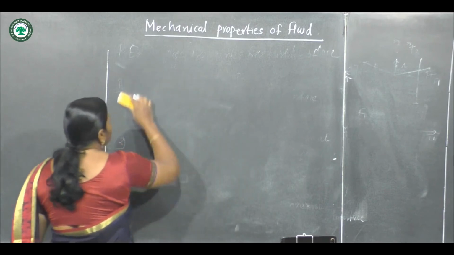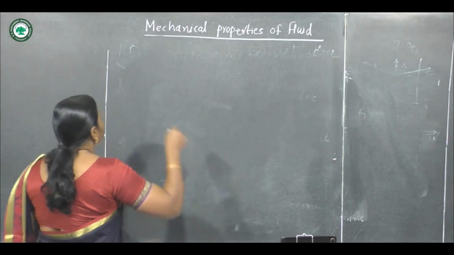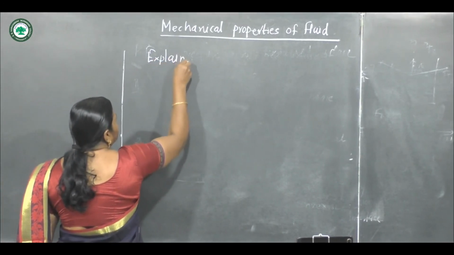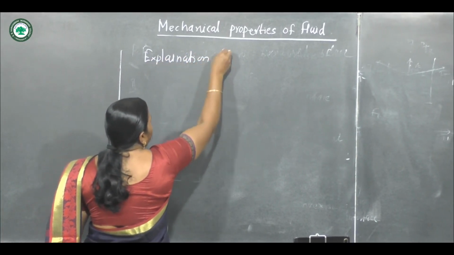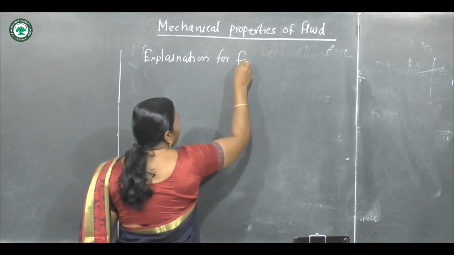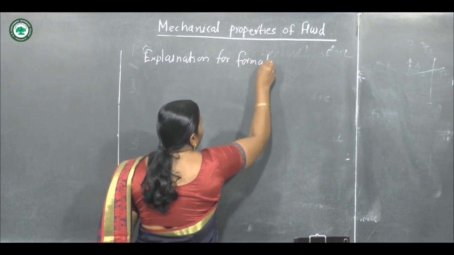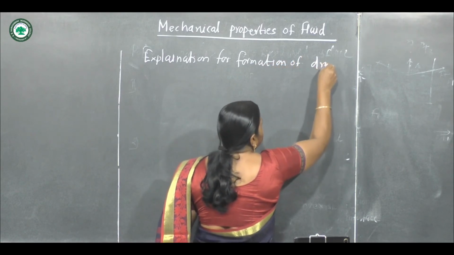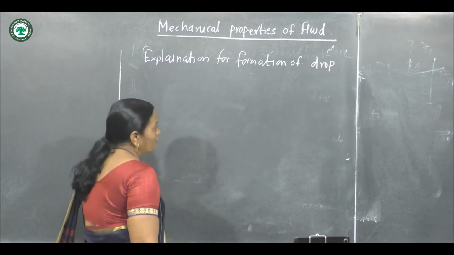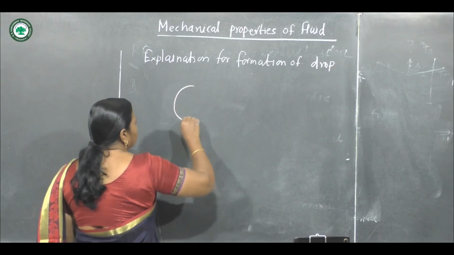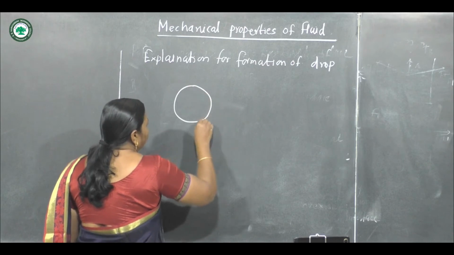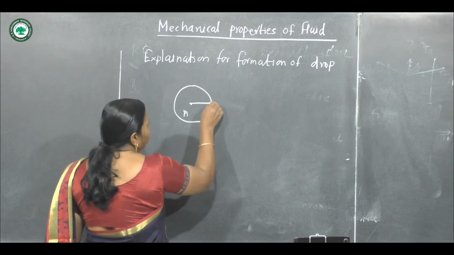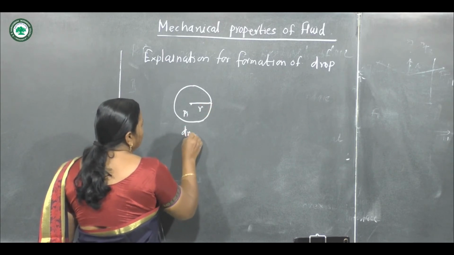Suppose this is the drop, then Pi is the inside pressure, and the radius of the drop is R.